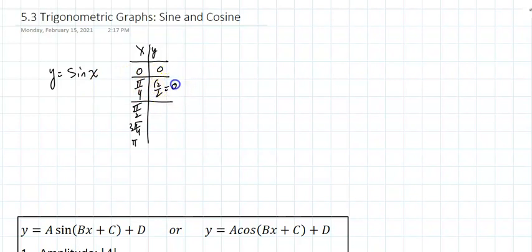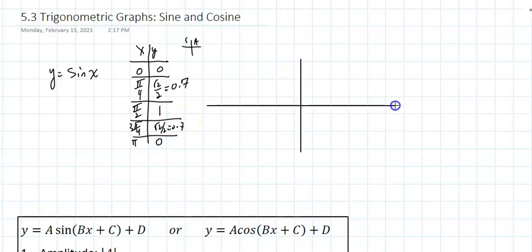If I substitute that in my calculator, that's about 0.7. Sine of pi over 2 is 1. 3 pi over 4 is in the second quadrant, and in the second quadrant sine is positive, so it's also radical 2 over 2, which is about 0.7, and sine of pi is 0.